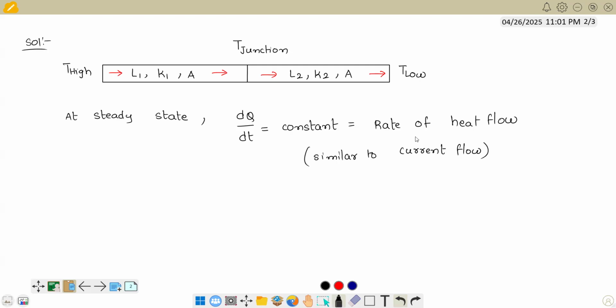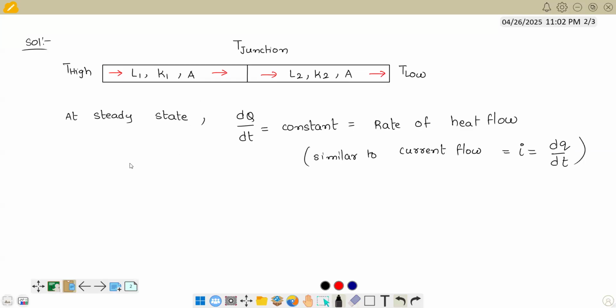That's why in the NCERT it is given as rate of heat current. This dq by dt is also given as rate of heat current. Even for current flow we write dq by dt, but there q refers to charge, here q refers to heat. I hope you understood this part.